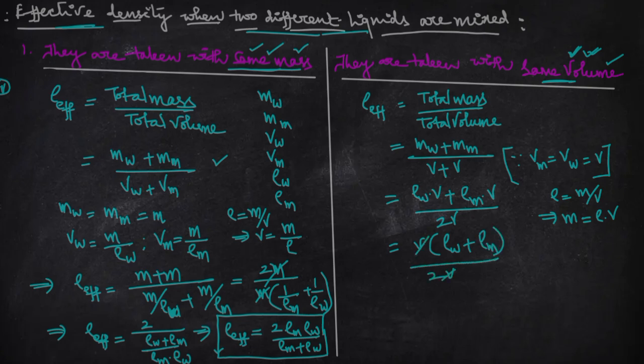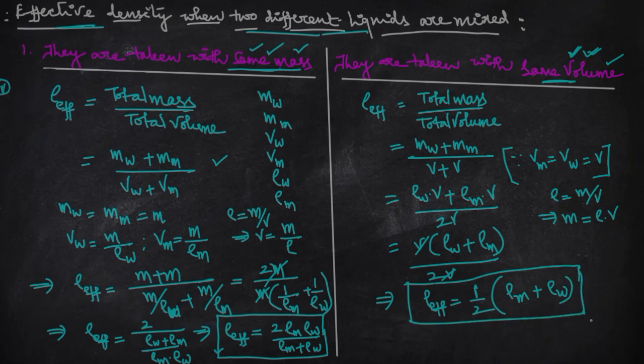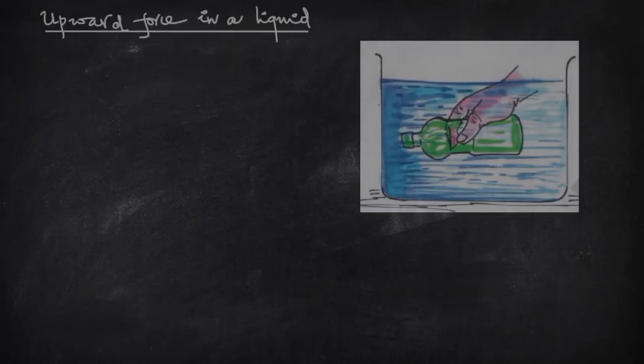This V gets cancelled and the effective density rho is equal to half of density of milk plus density of water. This is the formula to find out effective density when two liquids are mixed with different densities and different masses but with same volume.